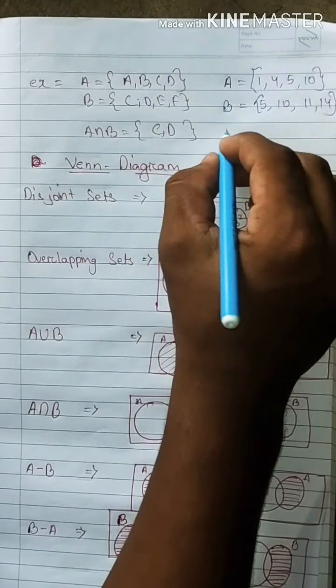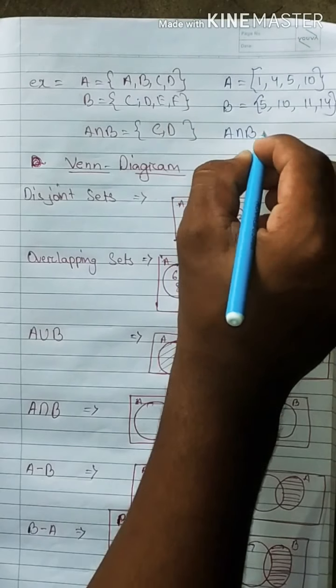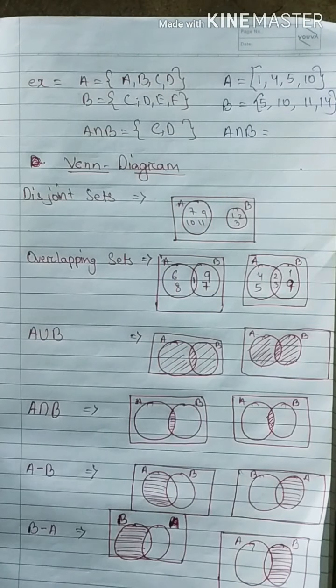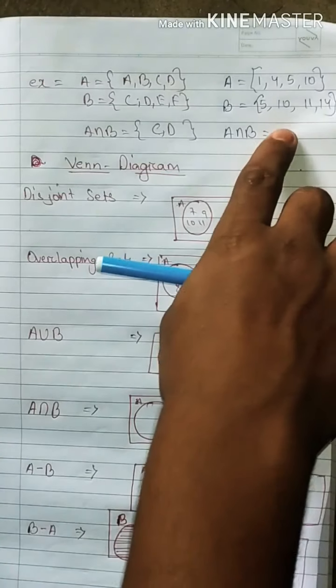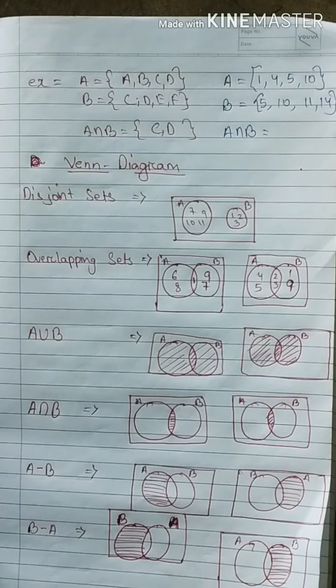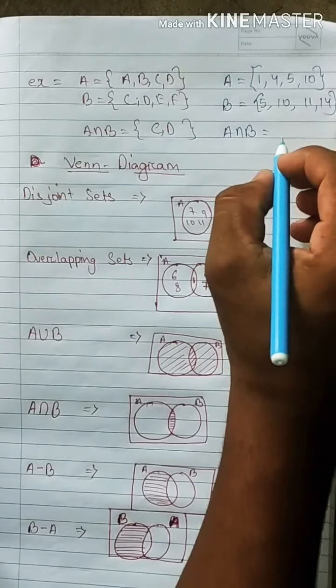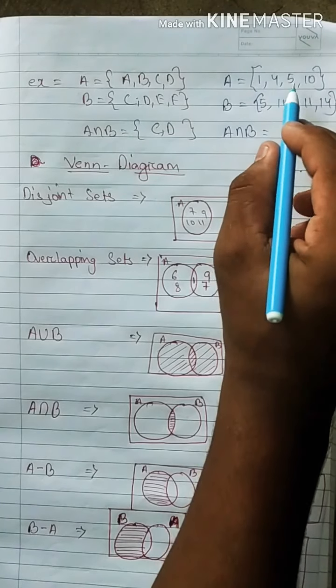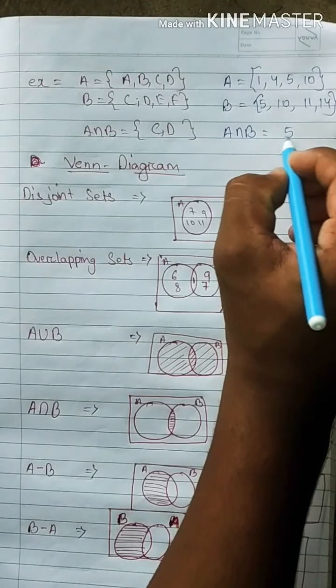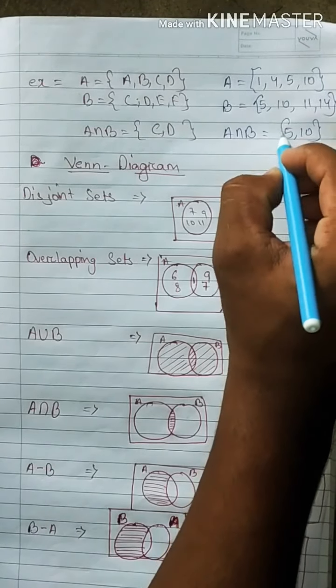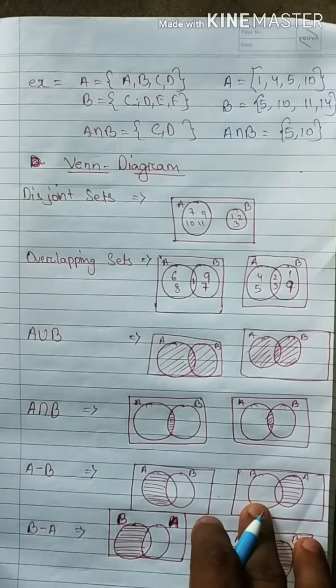Now A intersection B. When I was writing, you already thought about the answer. It is good, you should be like that. Intelligent. The answer is what? 5 and 10. Yes, the answer is 5 and 10.